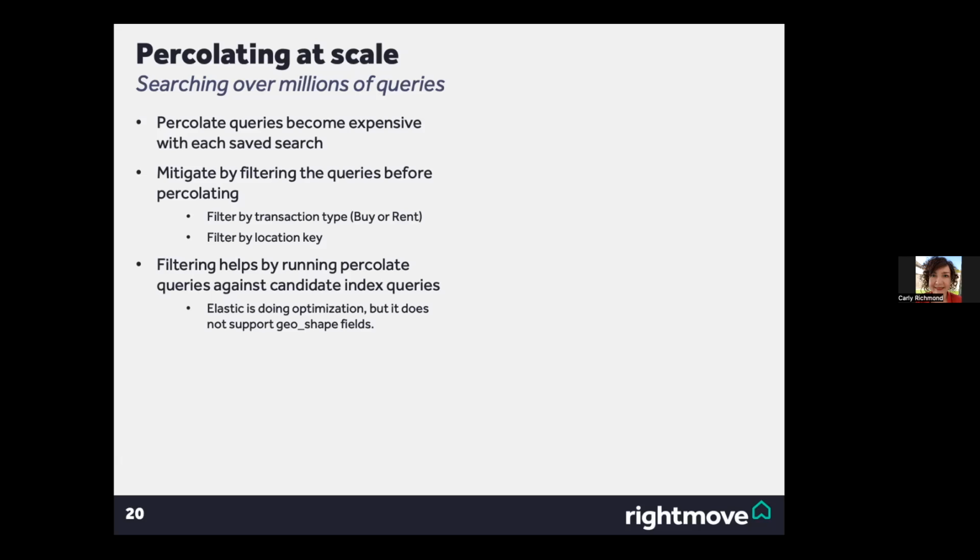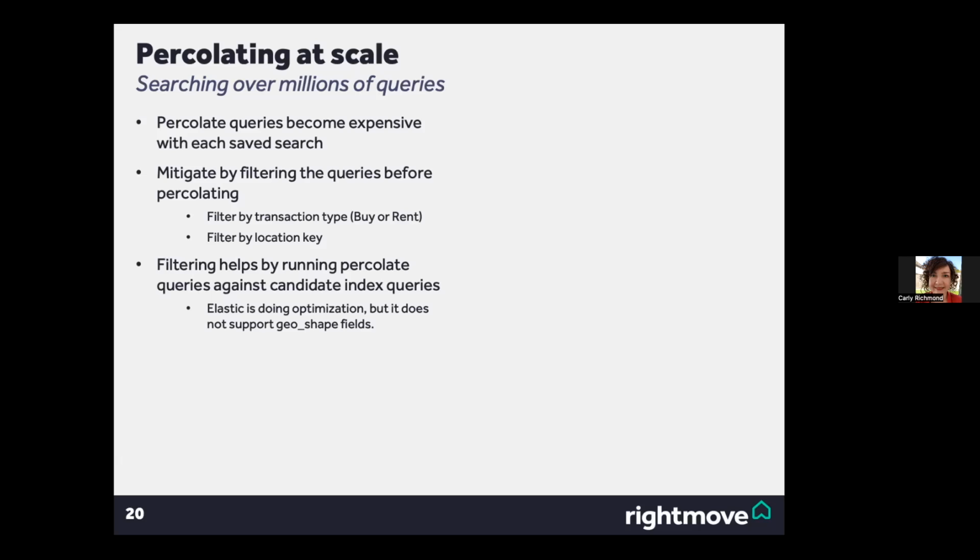One is on the transaction type, which can be buy or rent, because that broadly separates two types of saved searches for us. Anybody who is looking to buy will probably not be interested in getting alerted on properties available to rent, right? So that divides it by a significant chunk.